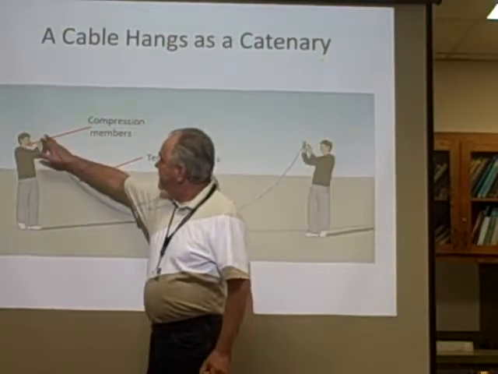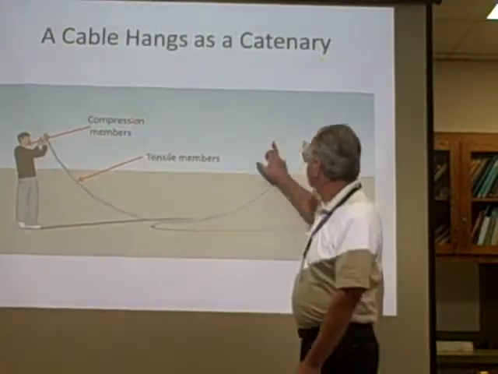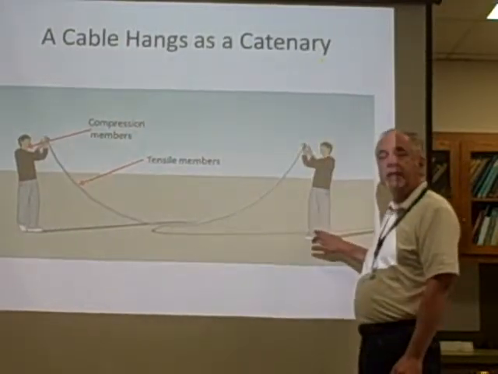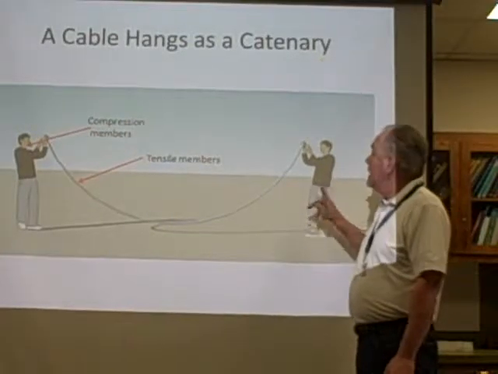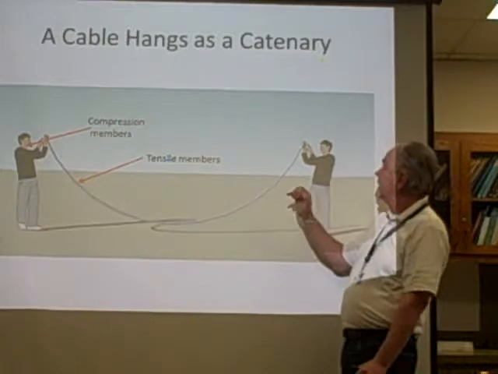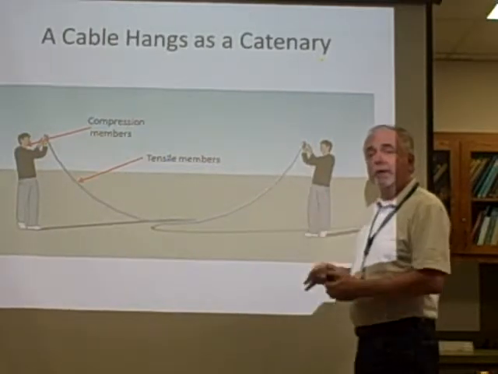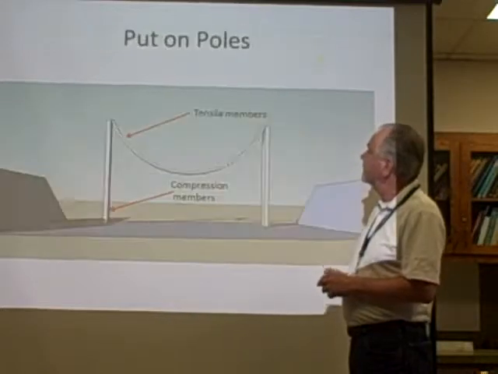These two guys are going to take the weight of that rope, if it's a heavy rope, and carry it to the ground. So they're acting as compressive elements. Now, if it's a very heavy rope, they may be pulling on it a little bit as well as bearing it on their knees, and I'll show you how that works in a moment.